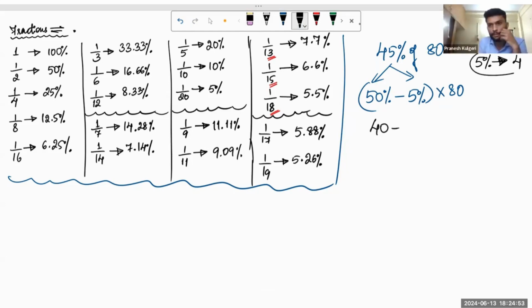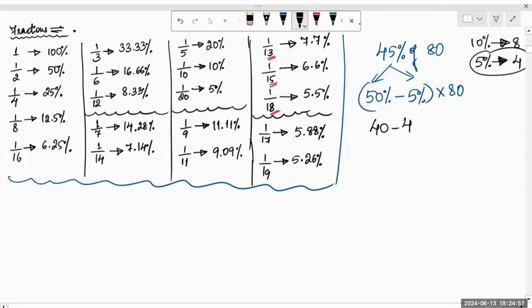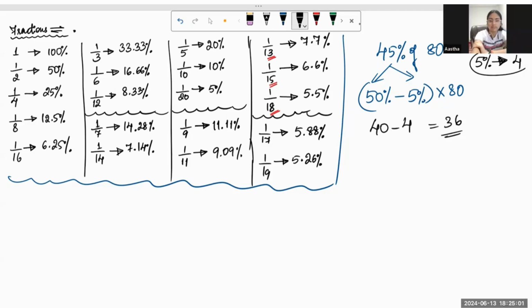Minus 5%, which is 4. The answer is 36. You can do it like this. When the percentage value is very simple, you can split it in a manner and write it.